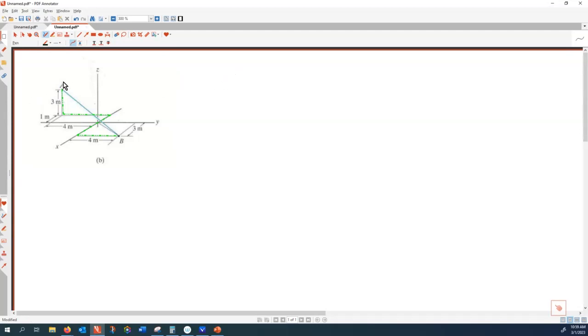But I think that's something inventive. So that is minus 3k, and then you go in the positive direction of y, that is plus 4j, and then that is positive x, this is 1 plus 3, that is 4i, and that's it.